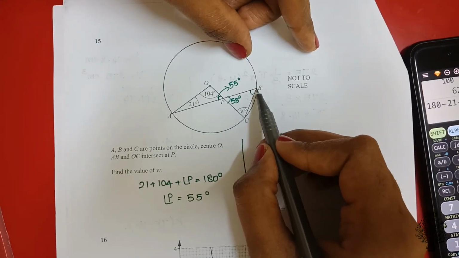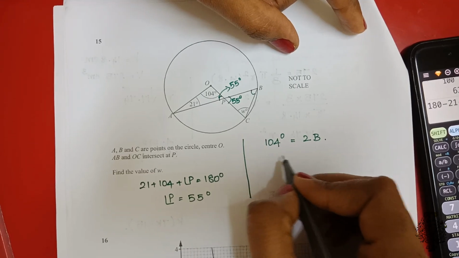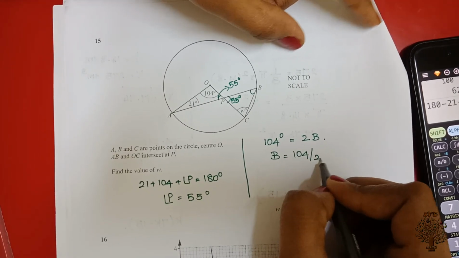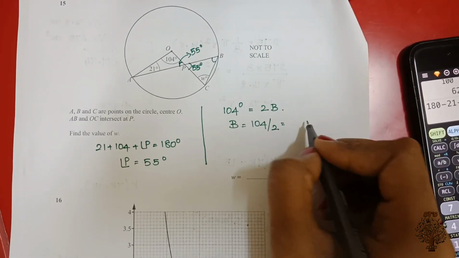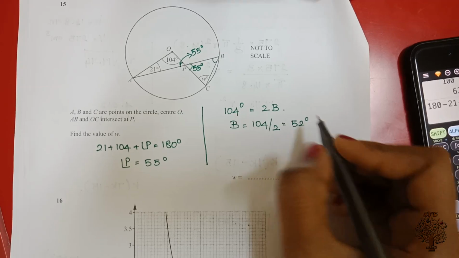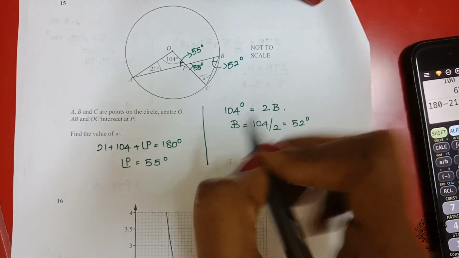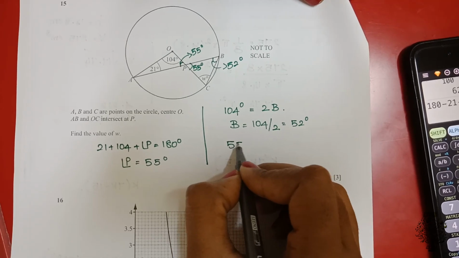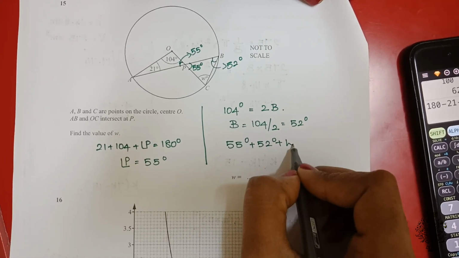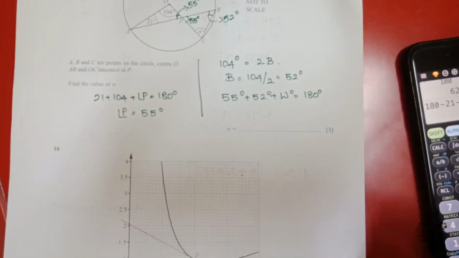You know the meaning of circumference. So for B, now I am writing B is equal to 104 divided by 2, which gives me 52 degrees. Now it's so easy for us. This is 52 degrees, sum of interior angles concept. So I will write 55 degrees plus 52 degrees plus W degrees is equal to 180.